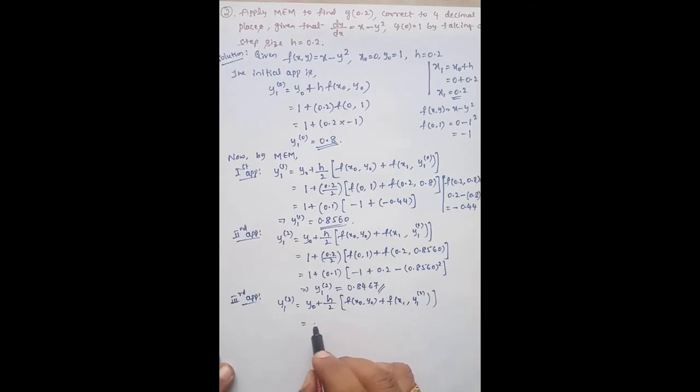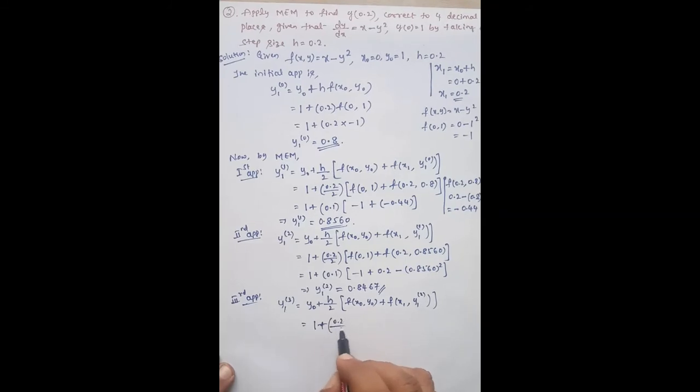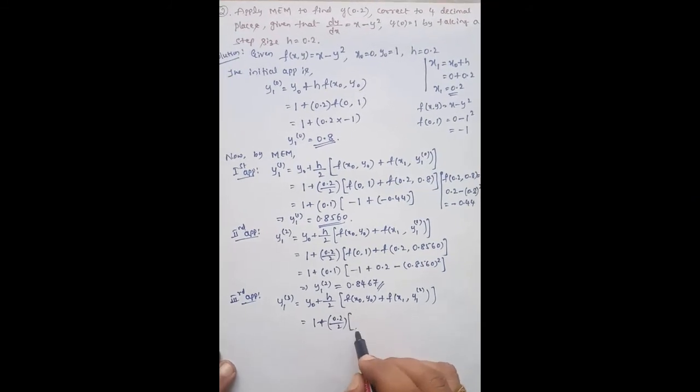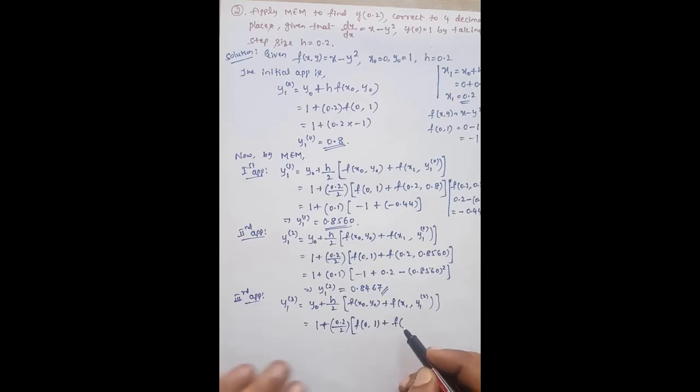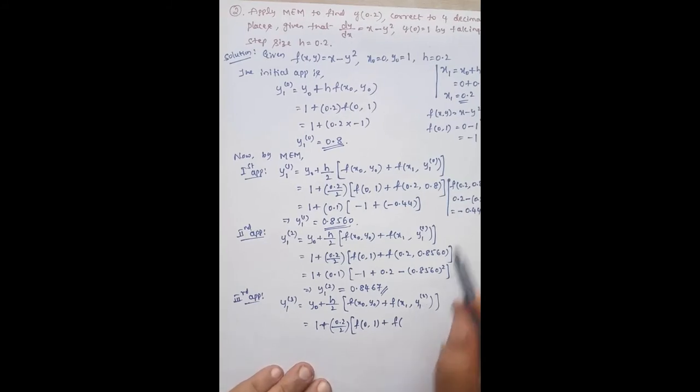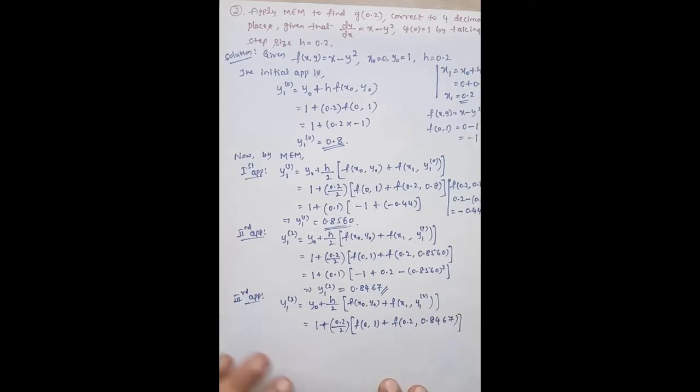Substitute now: y naught is 1 plus h is 0.2 divided by 2, f of x naught, what is x naught? 0, y naught is 1, plus f of x1, so x1 is 0.2 comma y1 power 2, the previous approximation, is 0.8467. Now calculate this. This is equal to 1 plus 0.2 by 2, which is 0.1.